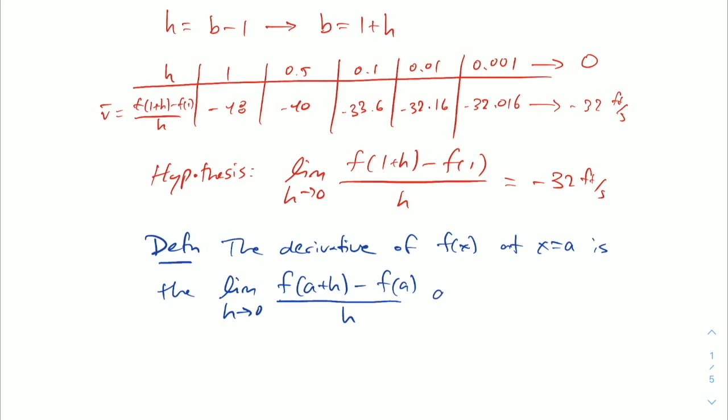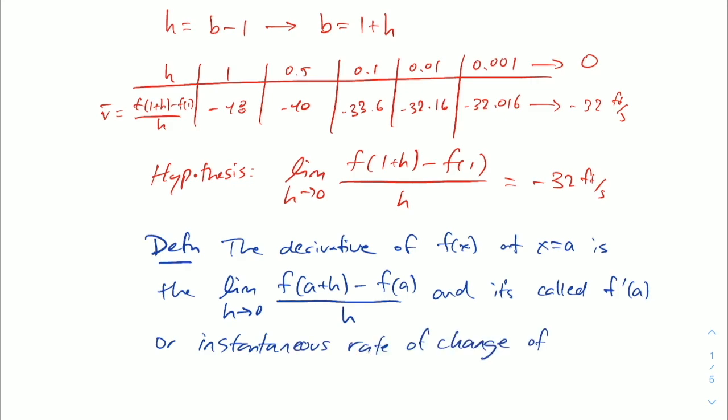This derivative is called f prime of a. It's also called the instantaneous rate of change of f of x at a.